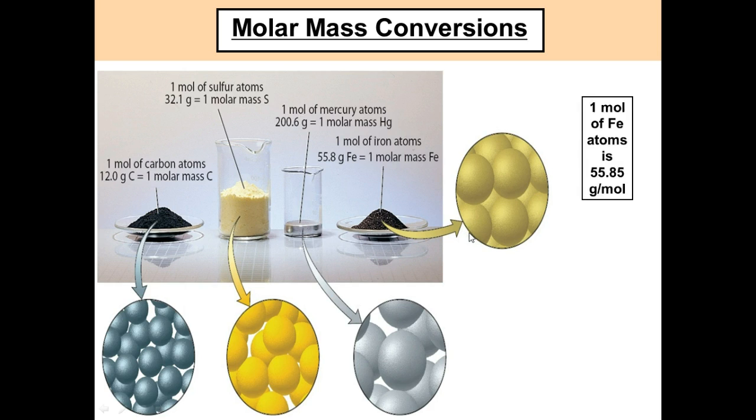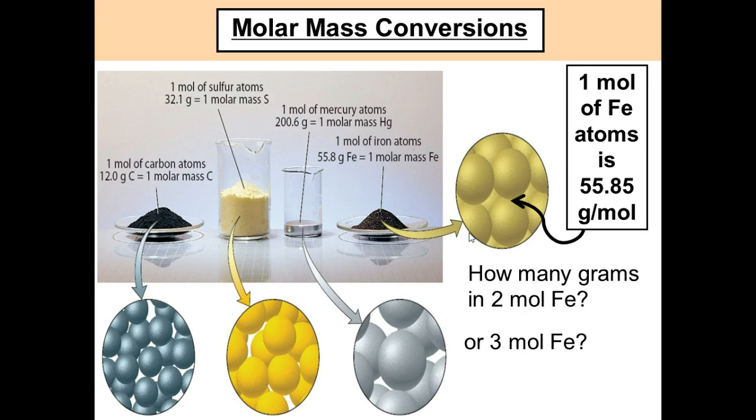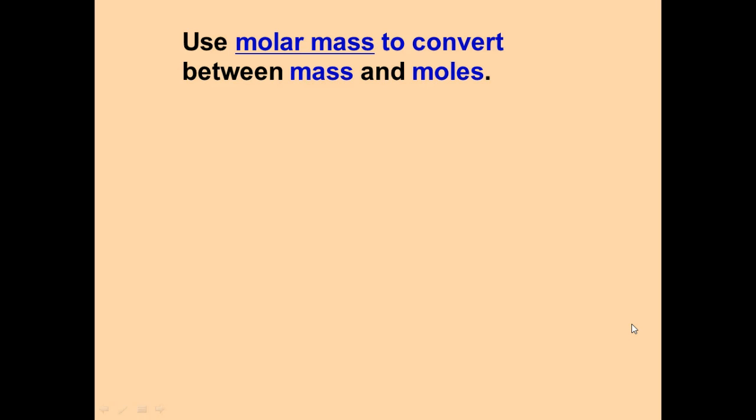And so today we're going to learn how, if 1 mole of Fe or iron is 55.85 grams per mole, how much does 2 moles weigh, or how much does 3 moles weigh, or how much does 0.0587 moles weigh. So we're going to figure out how to convert moles to grams using this conversion method.